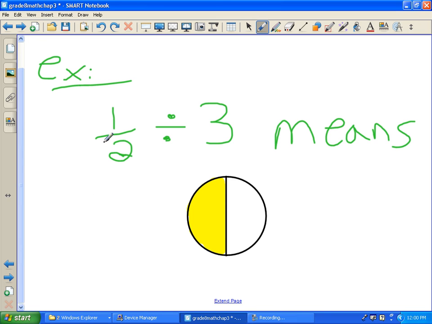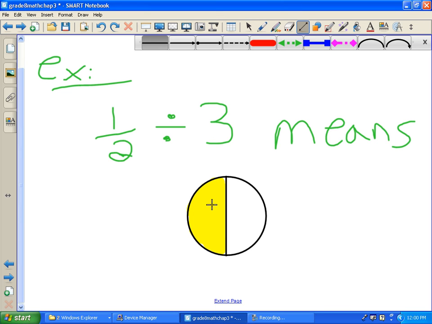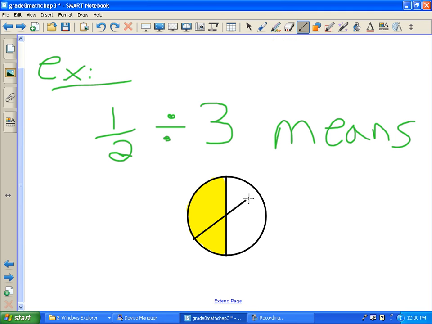Looking at this one here, what is 1/2 divided into 3 whole pieces? So let's split it up. Let's take our 1/2 and divide it into 3 whole pieces. So I'm going to take it and split it right there. I've split it once, I've split it twice, and I've split it 3 times, and all these pieces should look the same. Okay. Now, I didn't split that into 3 pieces, I split it into 4 pieces, sorry. So I'll take out this one.